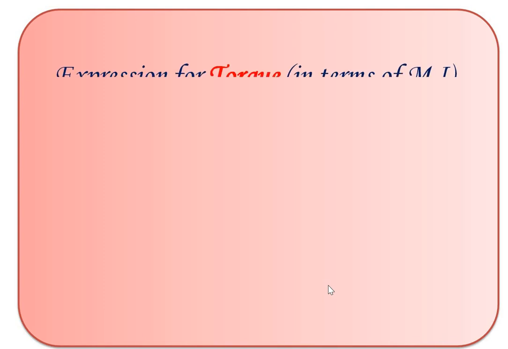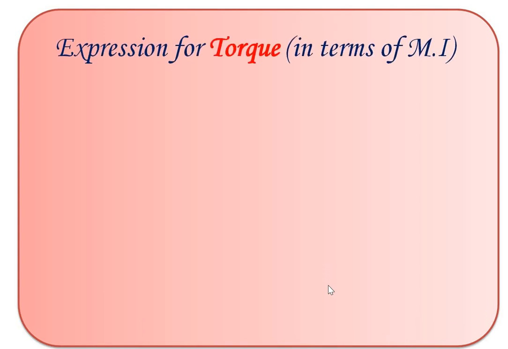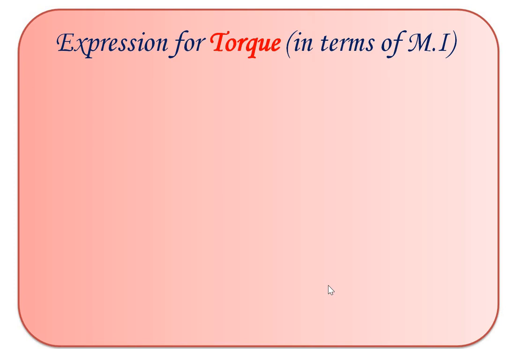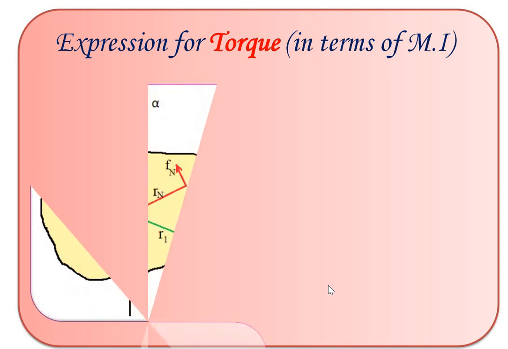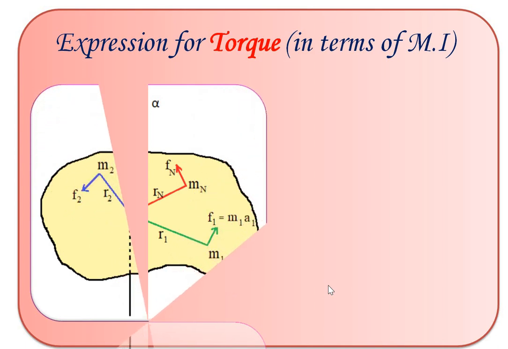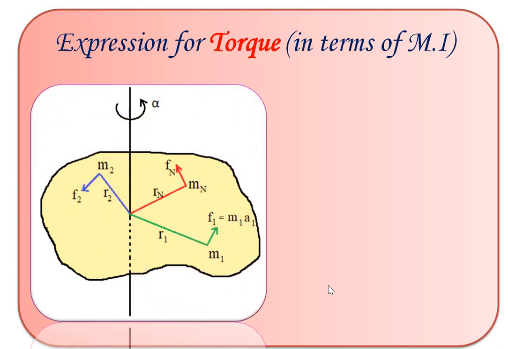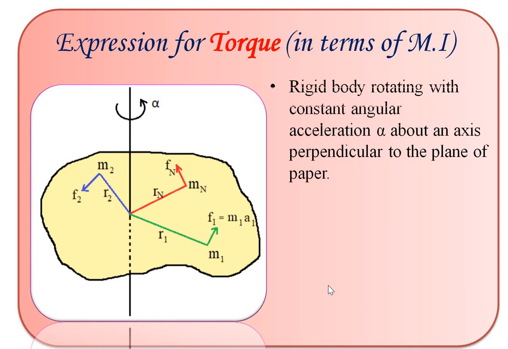Let's see the new expression: expression for torque in terms of moment of inertia. See the figure. Here also a rigid body is rotating with constant angular acceleration alpha about an axis perpendicular to the plane of the paper.